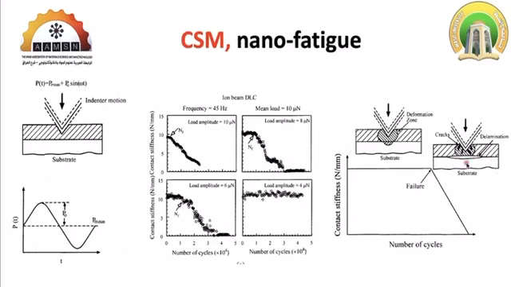So the nano fatigue test is crucially useful to test the adhesion of the coating with the substrate as well. It is used to determine the fatigue property of the surface, but also to measure the adhesion between the coating material and the substrate material.